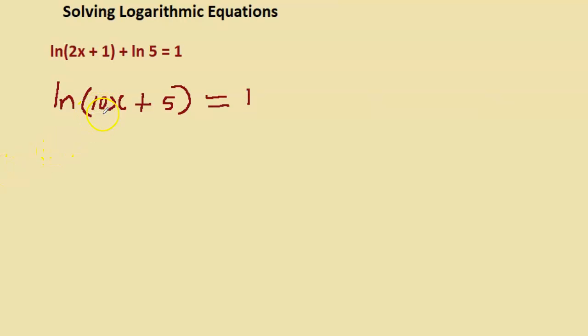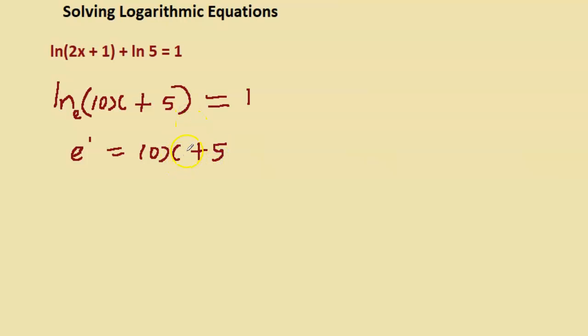Right? Now, remember the definition for log. What's the base here? e. The base here is e. Good. So ln is really base e. Don't forget that. So the base here to this power, so e to the power of 1, is equal to 10x plus 5.